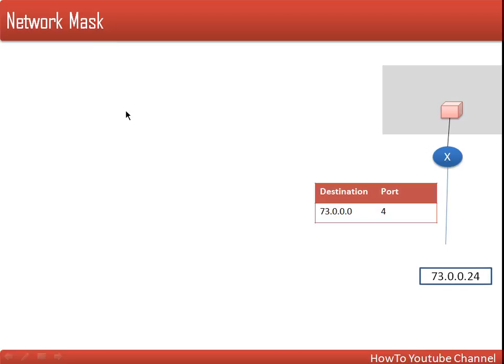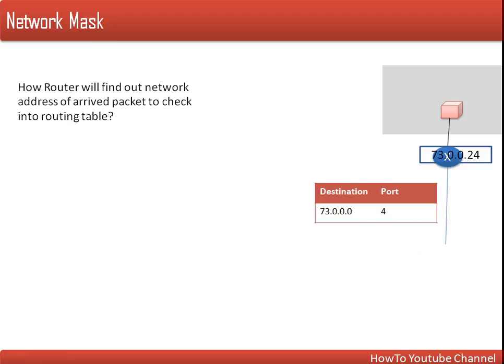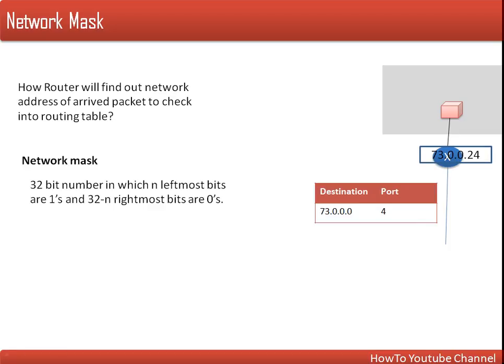The network mask is a 32-bit number in which the n leftmost bits are ones and the remaining bits are 0. Here we use n, and this value changes according to class. In class A we have 8 bits for network ID, class B 16, class C 24.